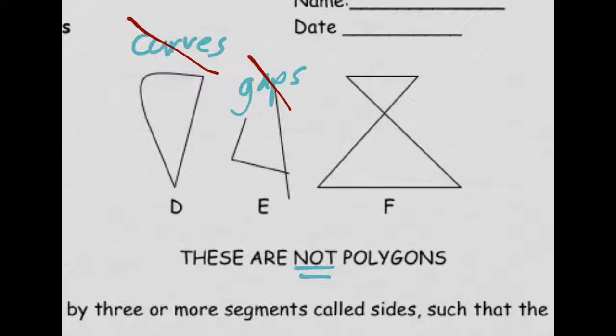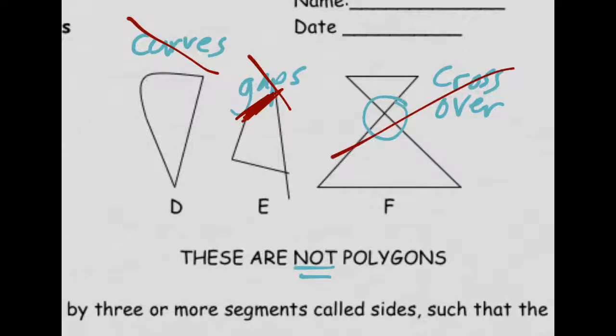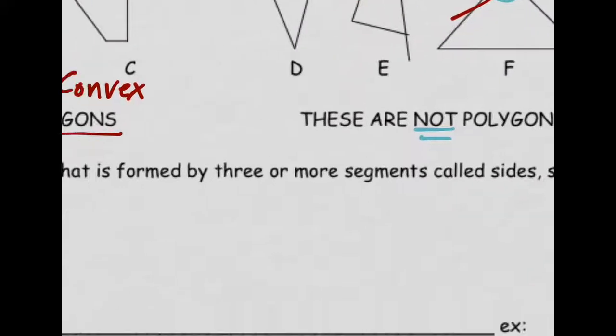No. Polygons are closed figures. And last but certainly not least, we do not want any crossing over of the lines. If you have a line that's crossing over itself, guess what? You're not a polygon. So polygons can't have curves, they can't have gaps, and no crossing over of the lines.